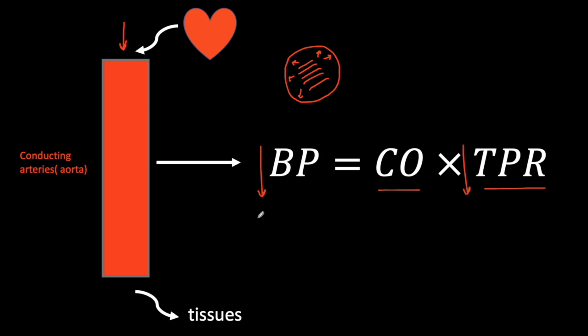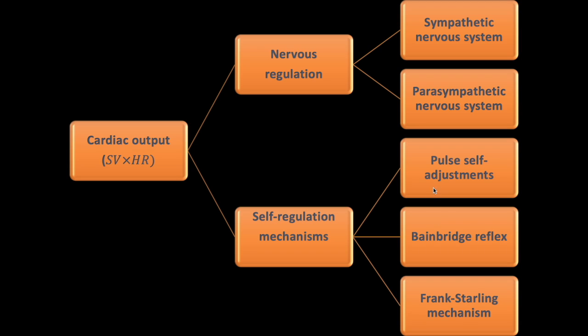As this equation tells us, every factor that wants to affect the blood pressure must either alter our cardiac output or total peripheral resistance. Now let's take a look at each of these options which are effective on our cardiac output. First is the sympathetic nervous system.